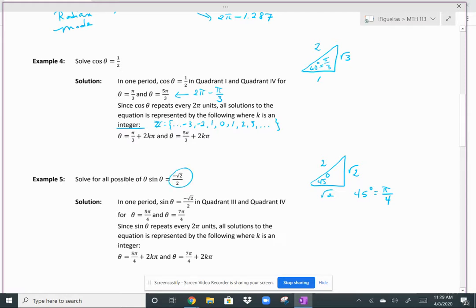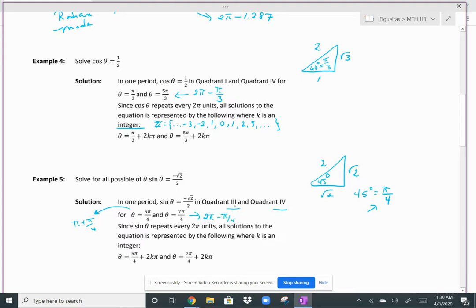That's in quadrant 1. Sine is negative in quadrants 3 and 4, so we have to present our solution in quadrant 3 and 4 using our reference angle of pi over 4. So how do we get 5 pi over 4? Well, that's just pi plus pi over 4 in quadrant 3. And this one here is 2 pi minus pi over 4, and that's in quadrant 4.